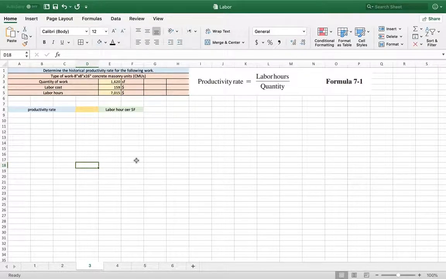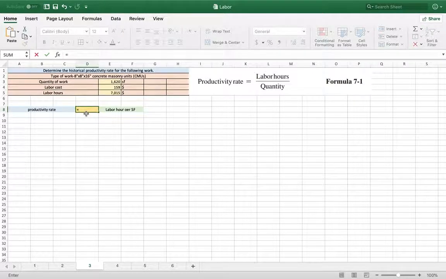Okay, so the third question, determine the historical productivity rate for the following work. He give us concrete masonry unit, and he give us quantity of work, labor cost, and labor hour, and he want the productivity rate. So to find the productivity rate, we're gonna use this equation.